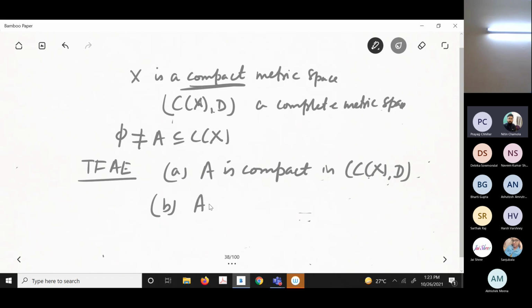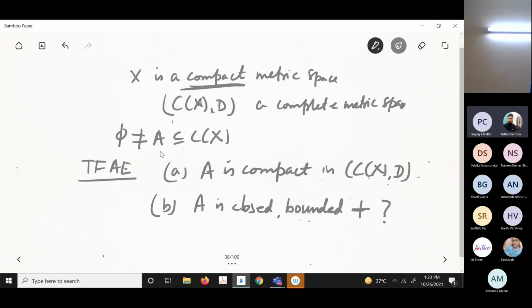So A is closed, bounded, but only closed and bounded won't give you compactness. The converse, that B implies A, you can easily do. Closed and bounded, that means you need plus something. This is the big question. Plus something.